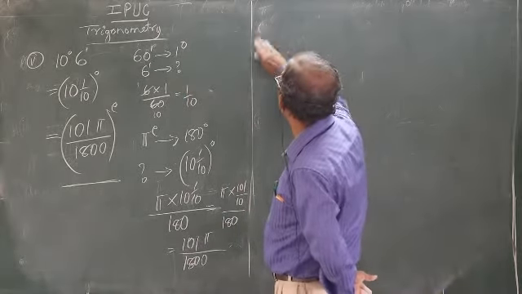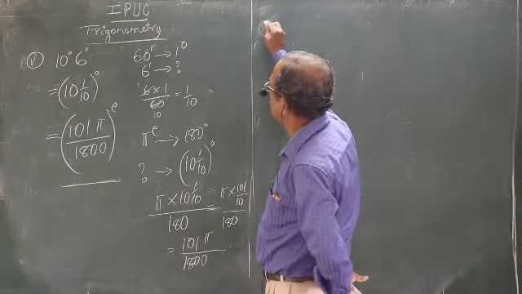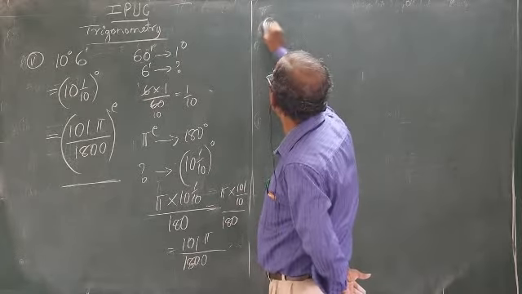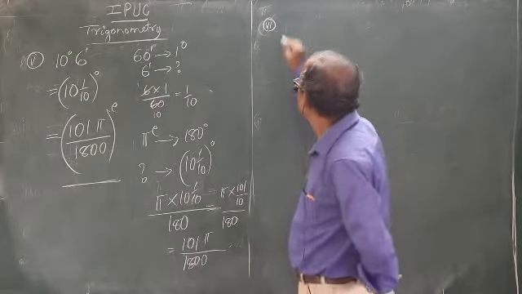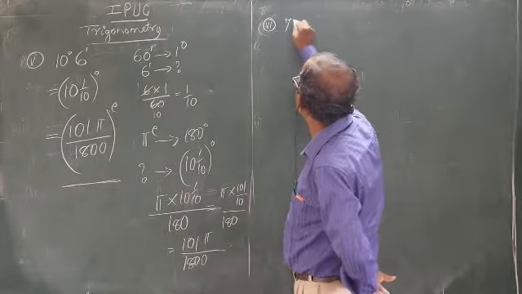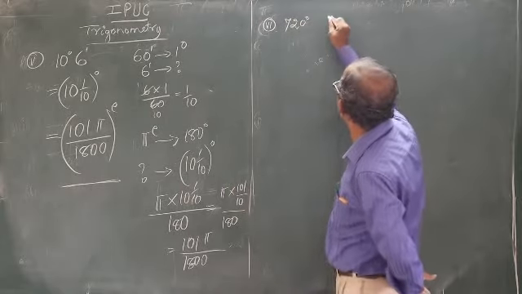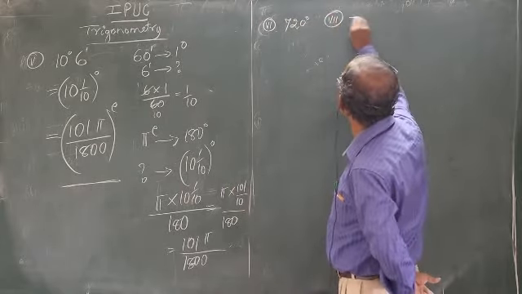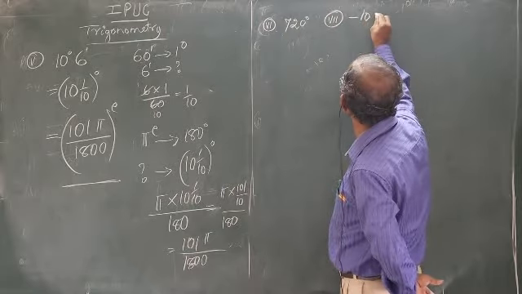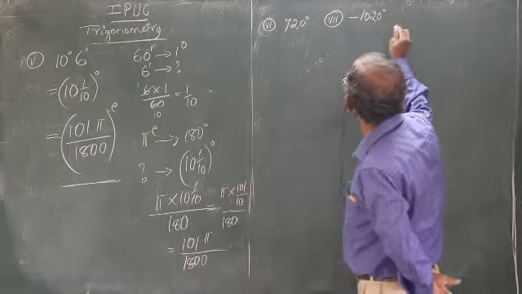Fifth one over. Just try at home. See this. Sixth, these are the problems for you to work out. 720 degree. Seventh, minus 1020 degree.